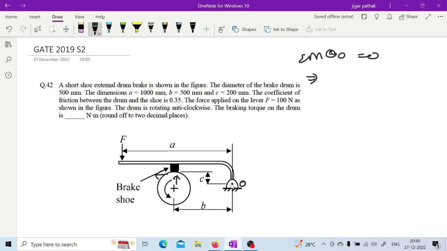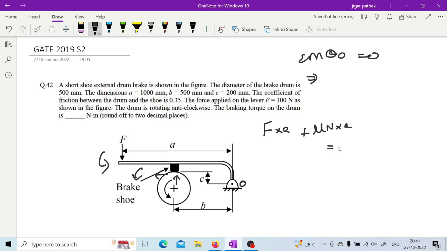So you can have F into A equals to... now actually in this case this mu n will help the braking torque, because the drum is anti-clockwise, and here also it will come anti-clockwise because the fulcrum is below this particular block or this frictional force. Are you getting what I'm saying? So here it is plus mu n into A.